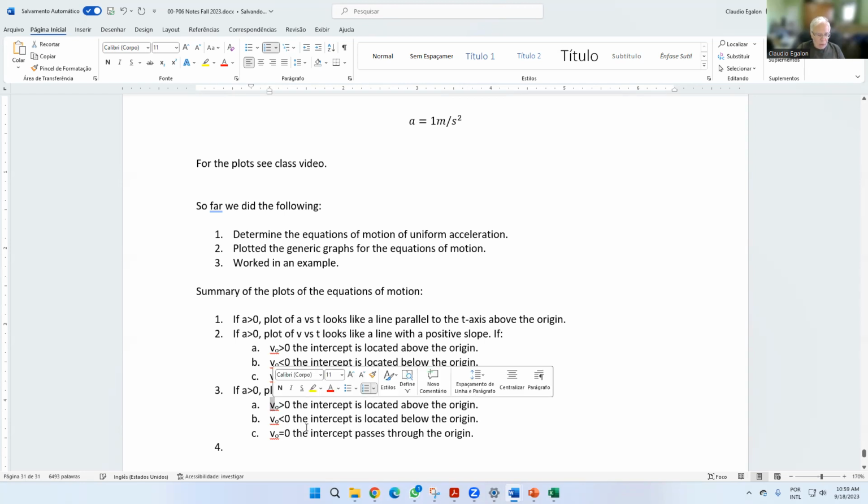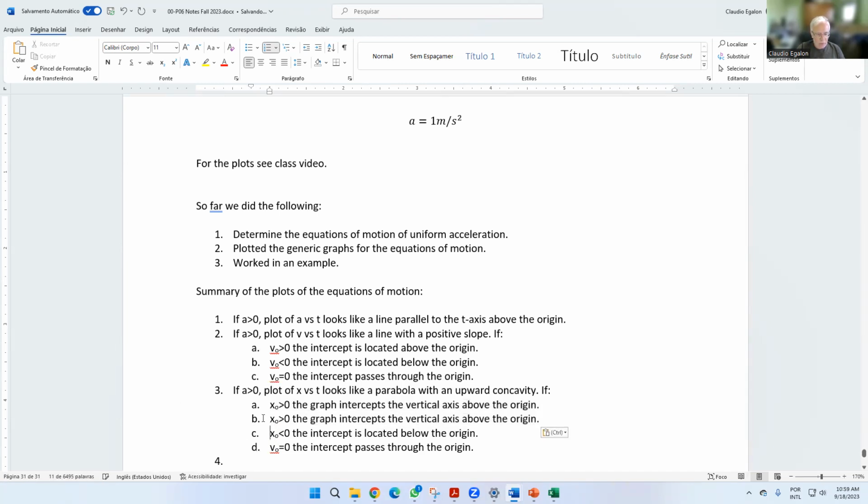If x naught is greater than 0, the graph intercepts the vertical axis above the origin, right? If x naught is less than 0, the graph intercepts the vertical axis below the origin.